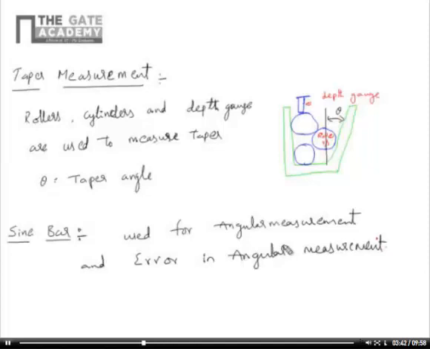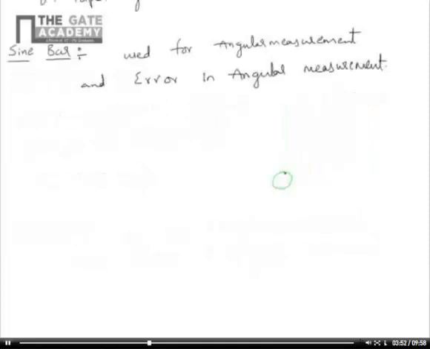Why the sine bar is important, we will discuss with a small example. The sine bar sits on a surface. These are slip gauges.